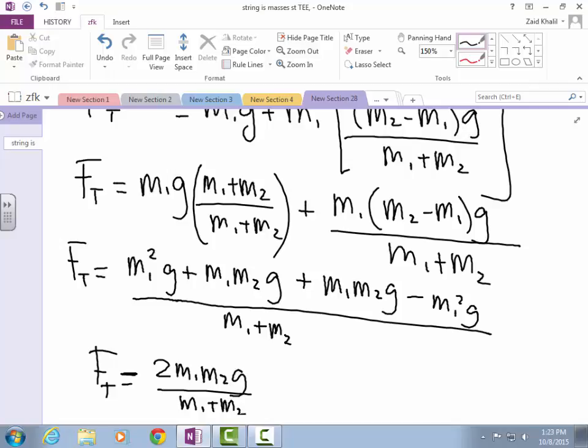Does that make sense? The force of tension would be twice that of gravity.